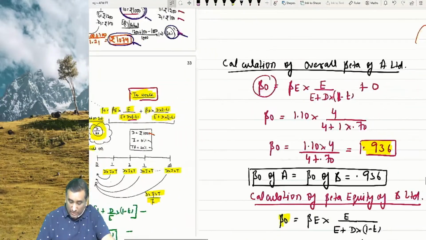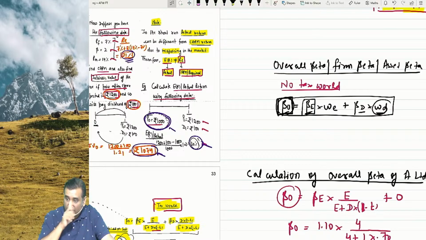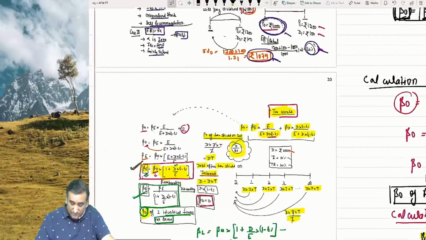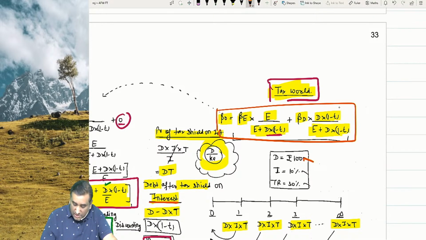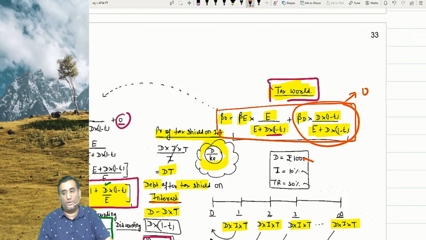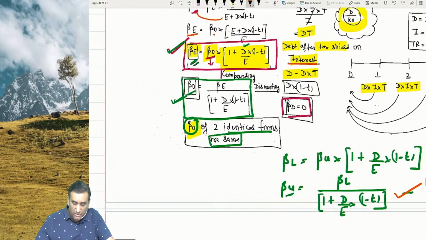For example, without tax, overall beta is beta equity into weight of equity plus beta debt into weight of debt. If tax comes, this is the formula for overall beta. Since this part becomes 0, the rest is this, then keep solving the way you want. Practically we use these two formulas.